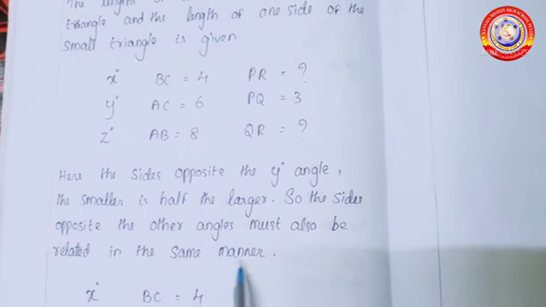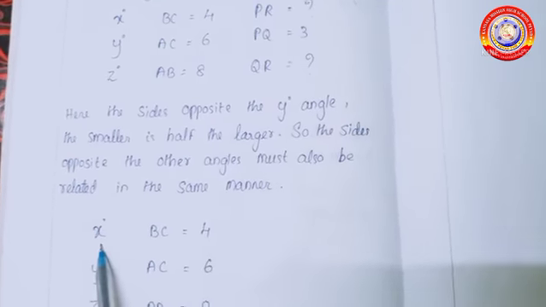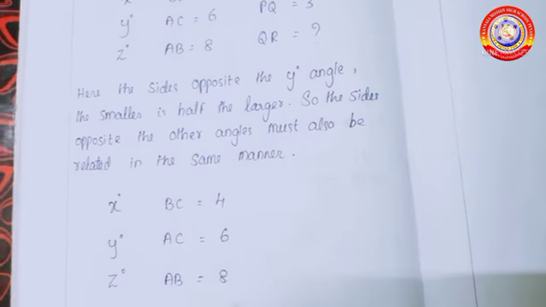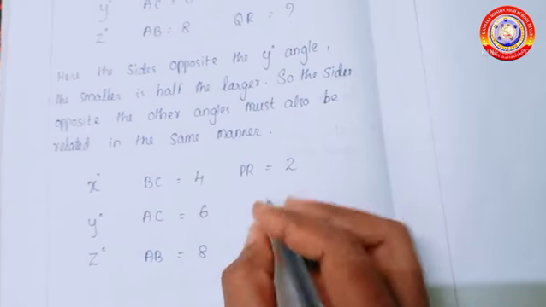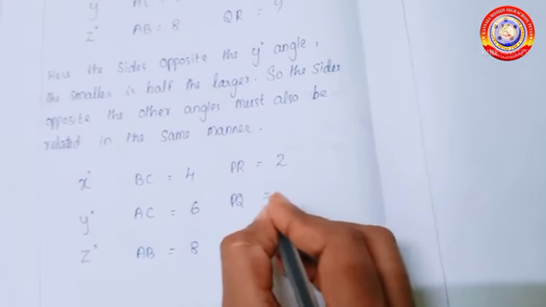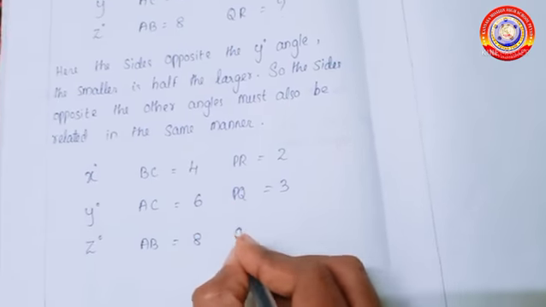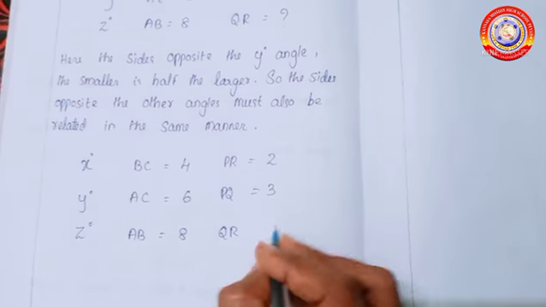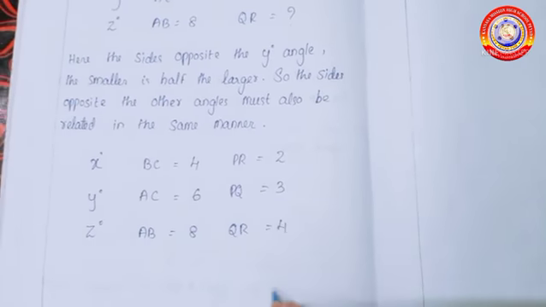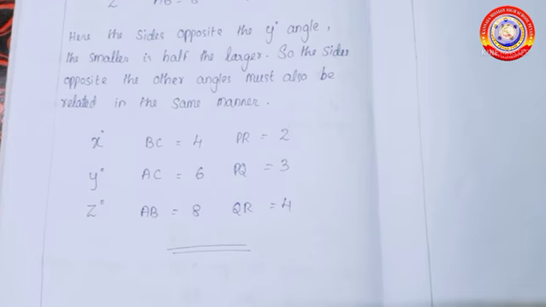So the sides opposite the other angles must also be related in the same manner. That is, for x degree, BC is equal to 4, then PR is equal to 2 cm, and for y degree, AC is 6 and PQ is equal to 3, and for z degree, AB is equal to 8 and then QR is equal to 4 cm.